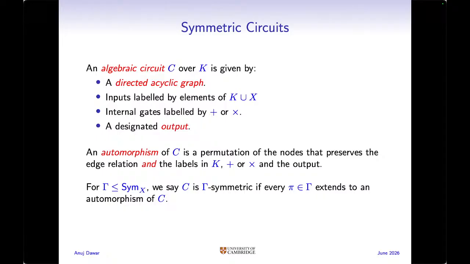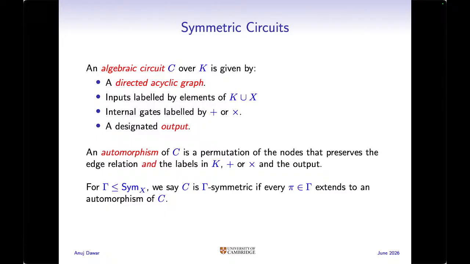Now, what does preserves the edge relation mean? It means when you have an edge, its image under the permutation is also an edge. Because I defined it as a directed acyclic graph, it's a collection of nodes and edges. The automorphism is given as a permutation of the nodes, but then it must map edges to edges.